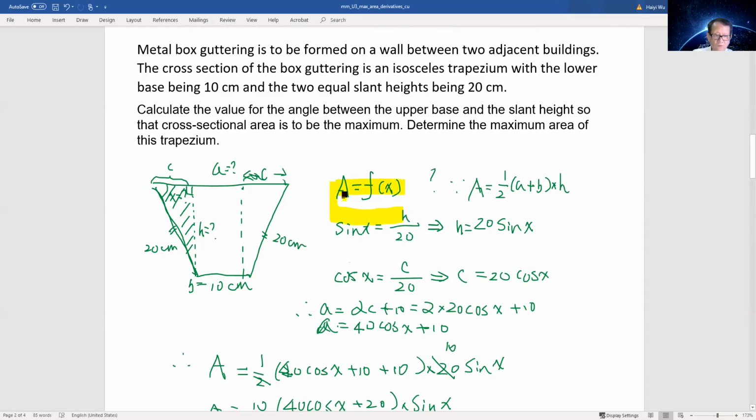This is our critical thinking. If you're on the right track, you should establish an equation or relationship between the area and the given x. Thank you again. Bye.